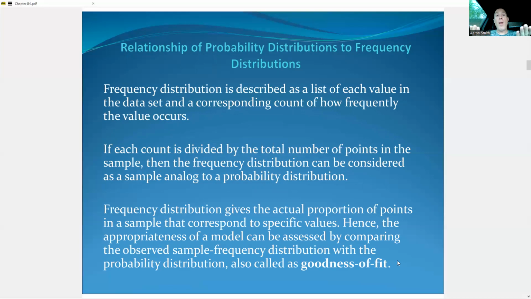I'm going to look at the frequencies, and I'm going to look at the theoretical probabilities that you have for each value. I'm going to compare them. If they're close to each other, then that gives me confidence that I chose the correct theoretical probability mass function.